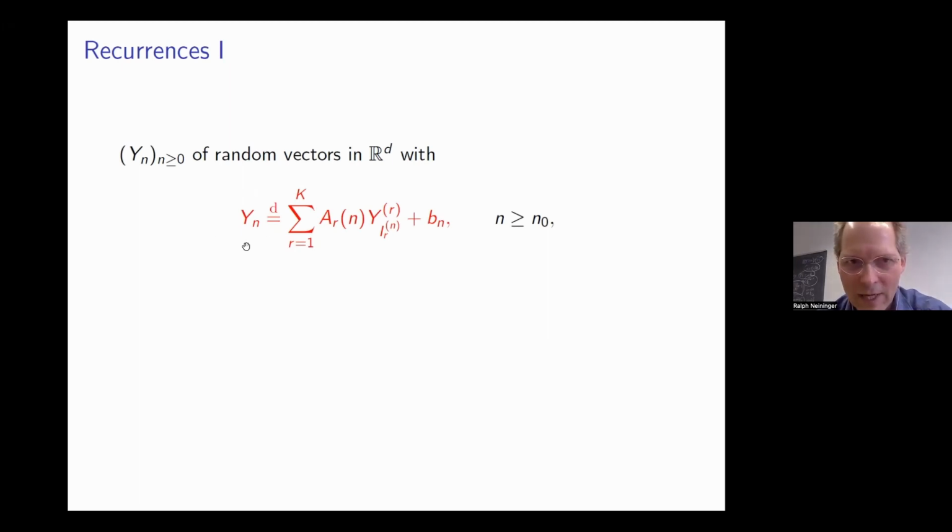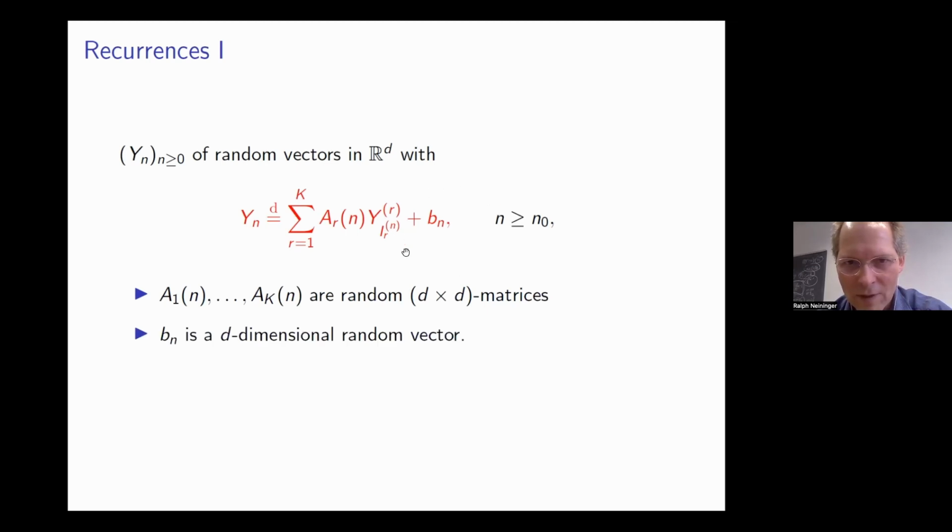So you have the Y_n, and it should have the same distribution as the sum. So you have some coefficients, they are usually 1, but there could be some random matrix or some random factor in front. Then you have here some term I'm commenting on in a moment, and you have what in this community we often call a toll term. So here we have coefficients, they are random matrices or random variables in the one-dimensional case.